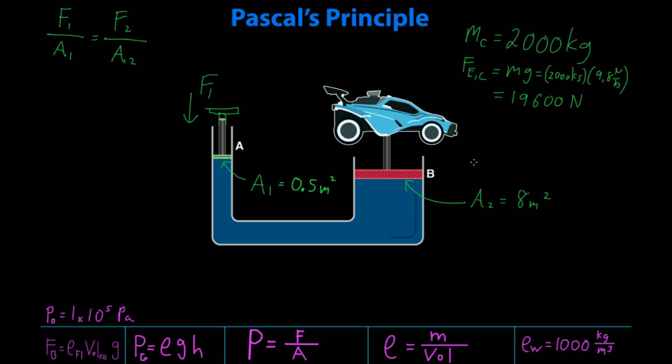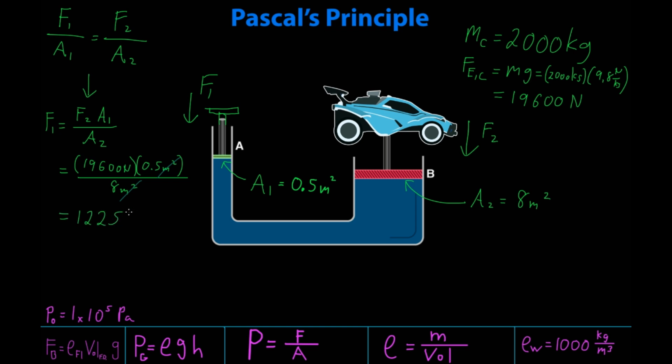I'm going to call this force 1, and the force the weight of the car exerts force 2. We're looking for force 1, so I'm going to multiply by area 1 on both sides. Force 2 times area 1 over area 2: 19,600 newtons times 0.5 meters squared over 8 meters squared. Meters squared cancels, and I get 1,225 newtons.